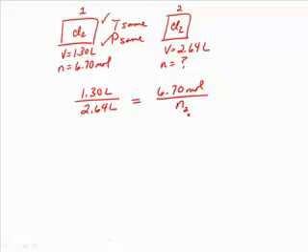Okay, and so that gives us 2.64 times 6.7 divided by 1.3. That gives me 13.6 moles, which is choice A.